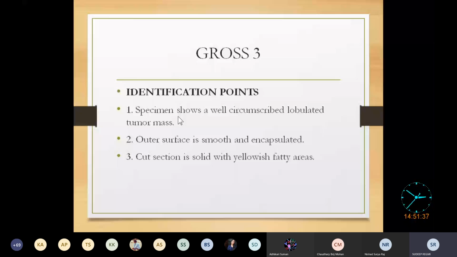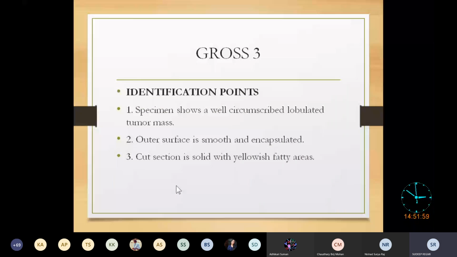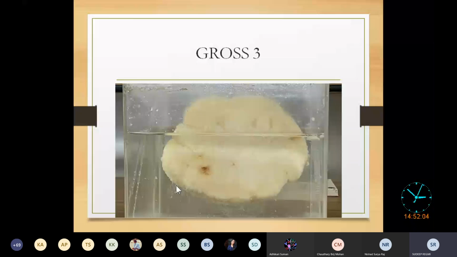This shows that this is a benign tumor of fat origin, which is lipoma. These are the identification points we have gone through. I hope you all have understood the gross of lipoma.